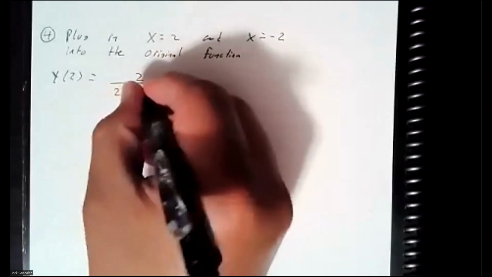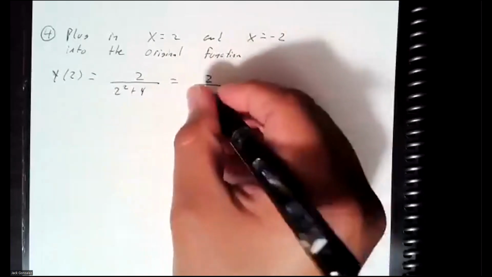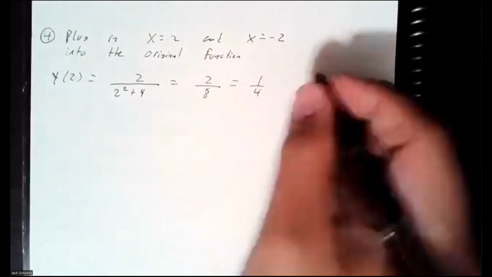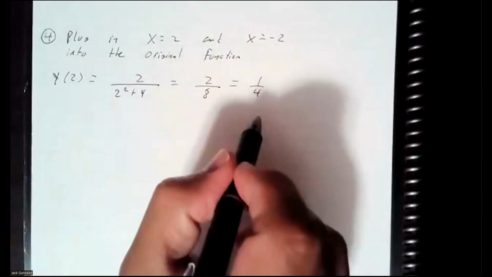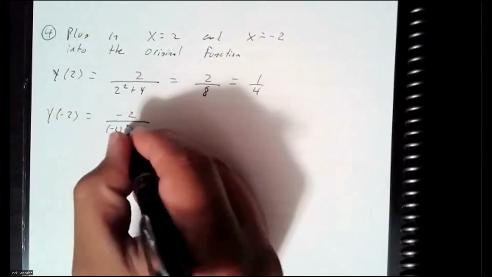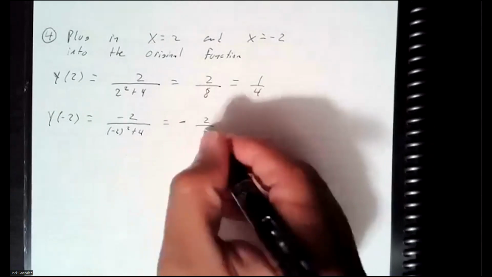Okay. So plug it in here, the original, in order to find the location for y. So at 2, we have 1/4. So that means at -2, we have -1/4.